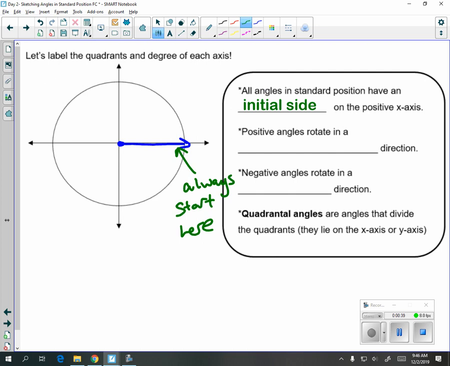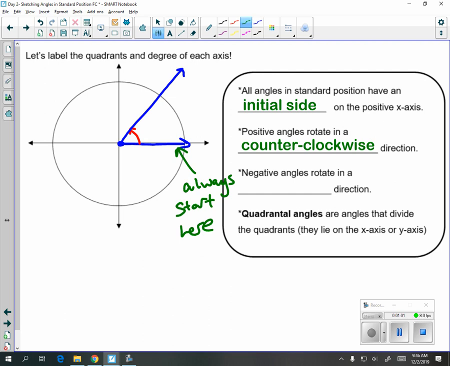Now, next is you need to know that positive angles rotate in a counterclockwise direction. If you ever get confused, literally look at a clock and head in the opposite direction of which it is turning. So we are going to go up that way. And then you're going to finish off your angle.